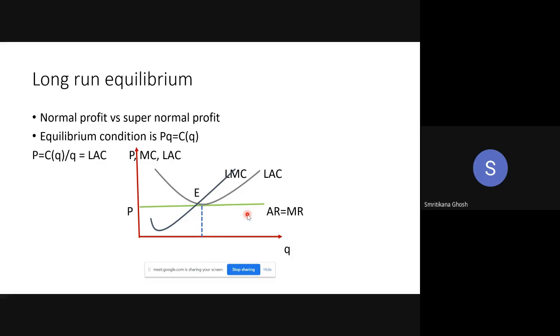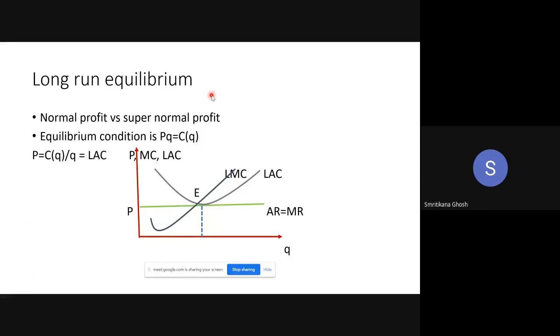But in this chapter, we have to go into some more detail. What we are talking about as profit is actually the supernormal profit. So in the short run, the existing firms are earning profit, which is specifically supernormal profit.